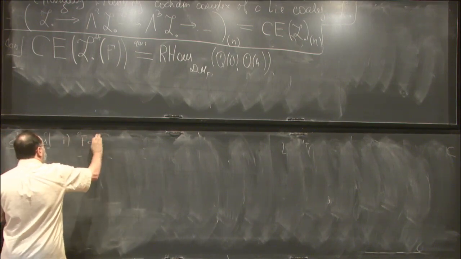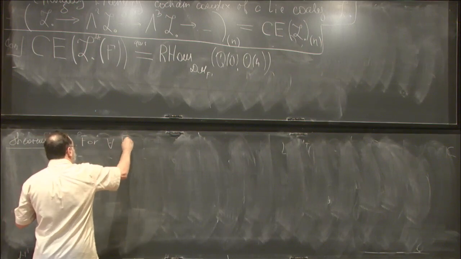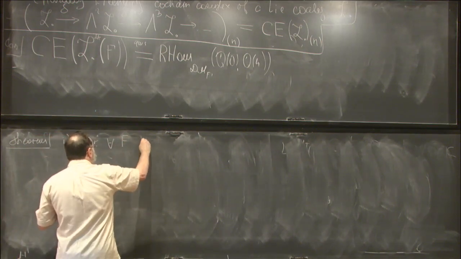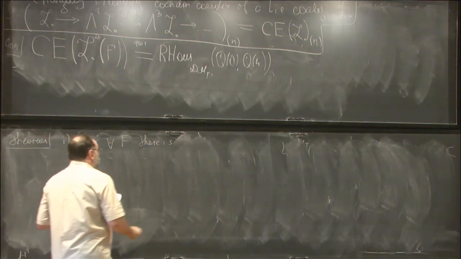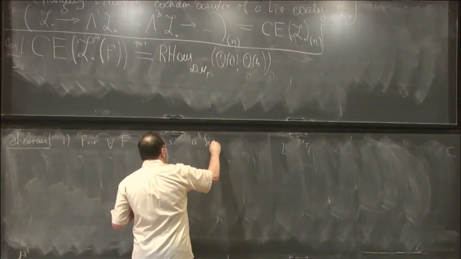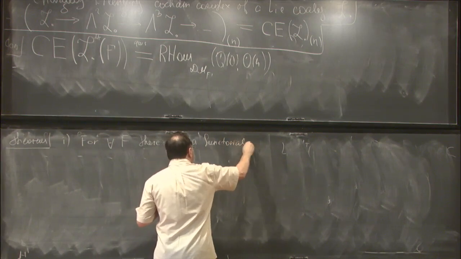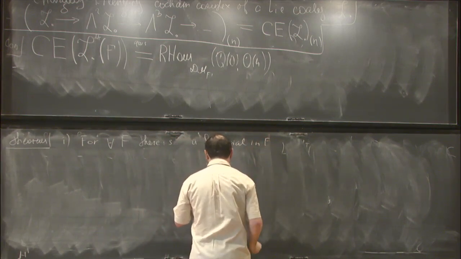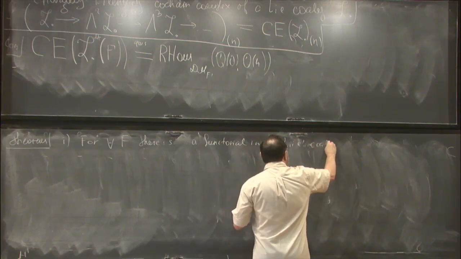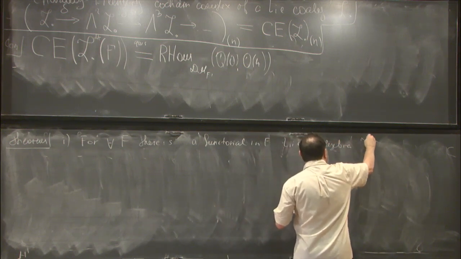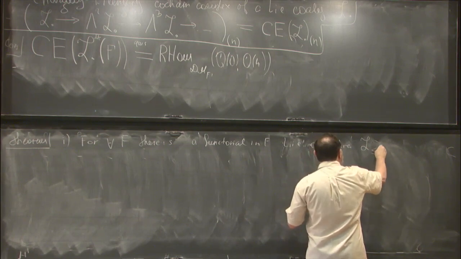That for any field F, there is constructed a functorial in F, natural, Lie coalgebra L_{≤4}.